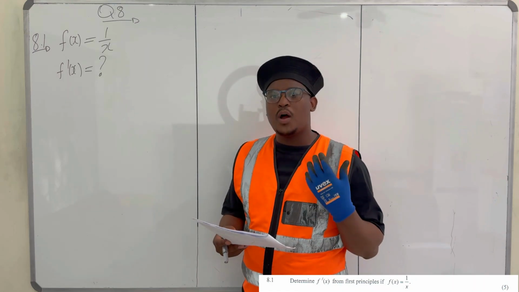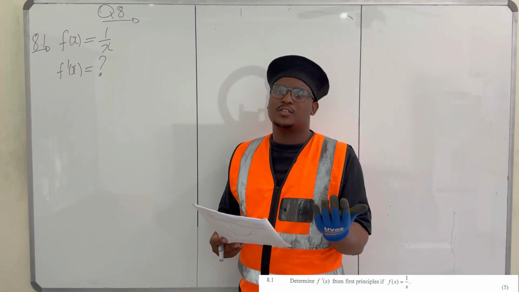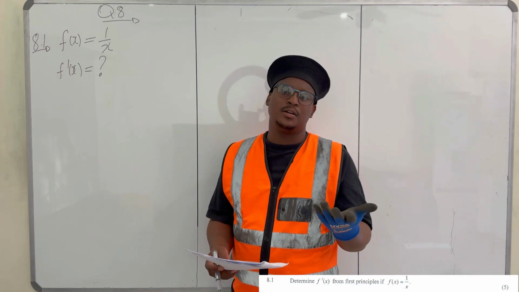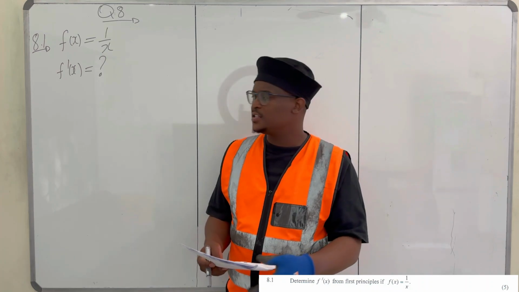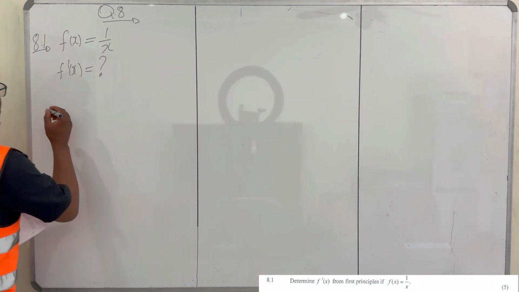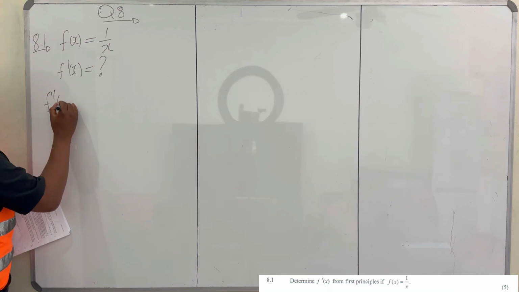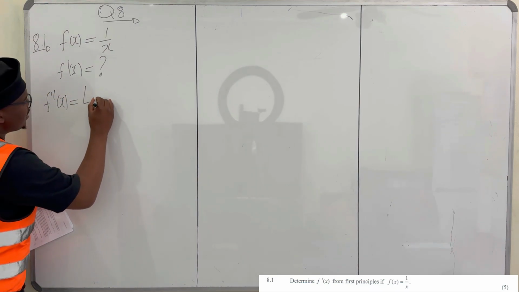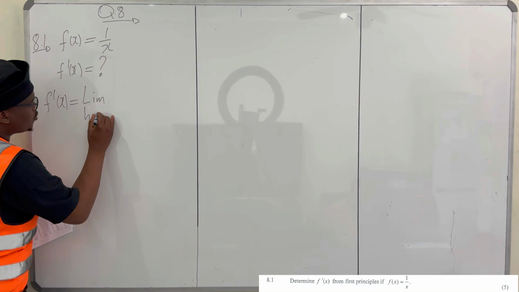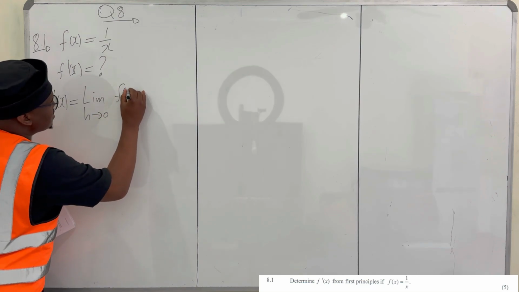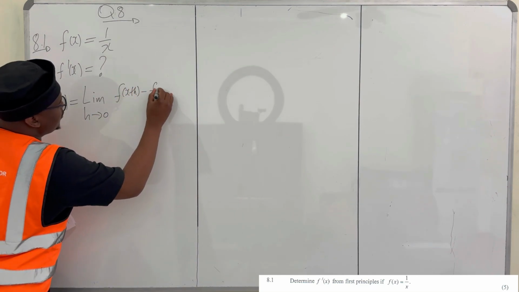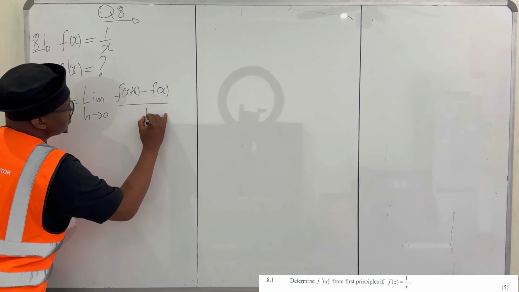It means they want you to use the fundamental basics of the derivative, which means the definition of the derivative, right? You know very well that the definition of a derivative, f prime of x, is equal to the limit as h goes to 0 of f of x plus h minus f of x, all over h.